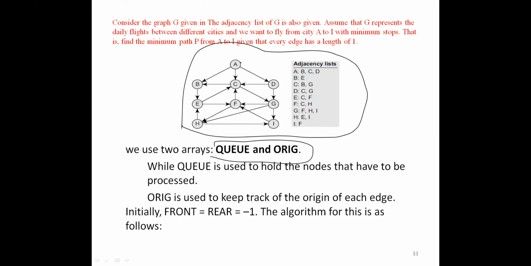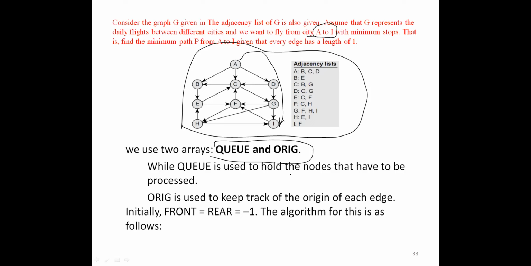We are considering each vertex as a city. Fly from city A to I with minimum stops, which is nothing but the shortest distance. We can say the shortest path to reach vertex I from A. I want to reach from A to I. This is my task now, so we are going to use BFS.